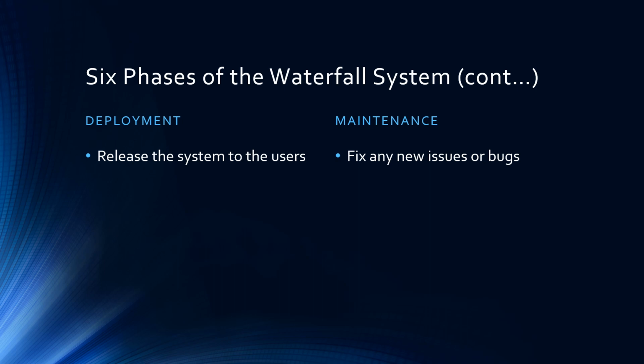And finally, the maintenance phase. The maintenance phase is basically after it's given to the main users, such as employees, vendors, or anything of that nature. They get feedback, so they collect a lot of data within the first rollout of the system. And within that, they fix any bugs or issues.